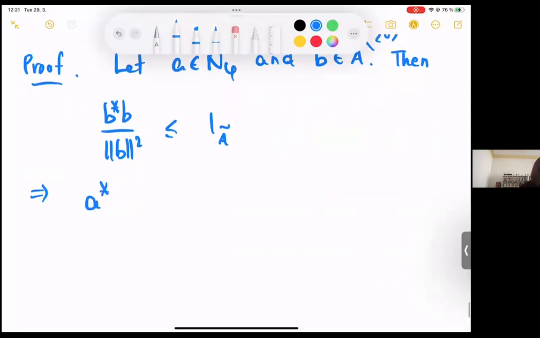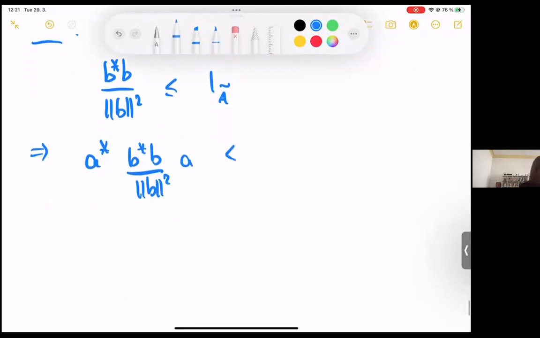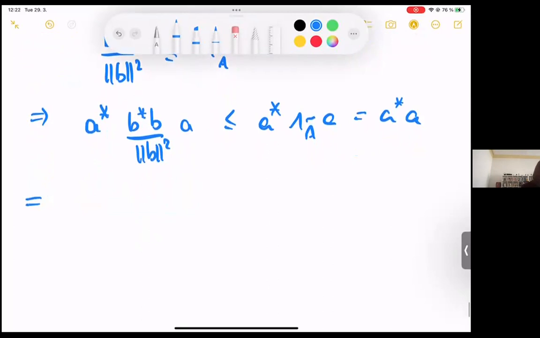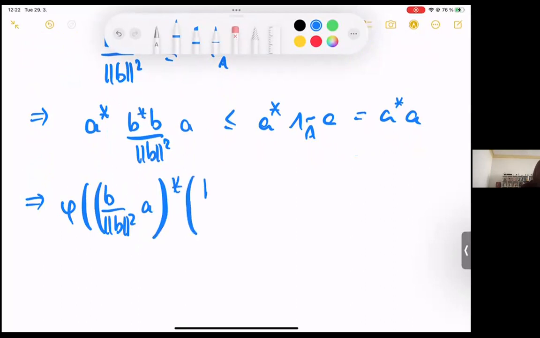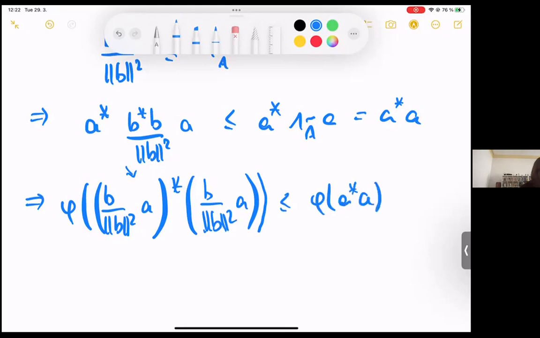So we can multiply on either side with A star and A, and that is less than A star 1_A tilde A, which is just A star A. So this implies that phi of A star B star B A, that's just this inside phi now, is going to be less than phi of A star A, which is 0.